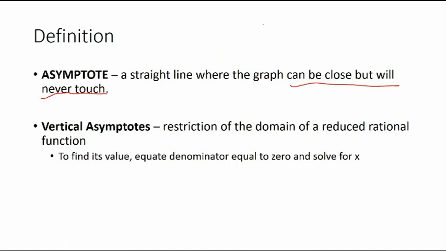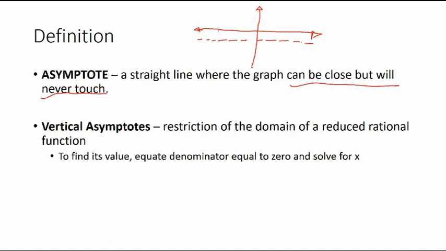So, kung meron kang, halimbawa kung ito ang iyong asymptote, halimbawa lang, kunyari straight yan, kasi ito yung x and y axis, yung Cartesian plane, tapos andito yung asymptote banda.